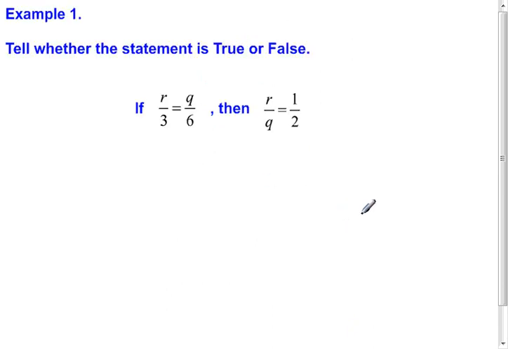Tell whether the statement is true or false. If you know your properties, you know that you can just switch the means or the extremes. So I can write it this way, 3 over 6. If I simplify here, I get R over Q equals 1 over 2, which is the same thing.